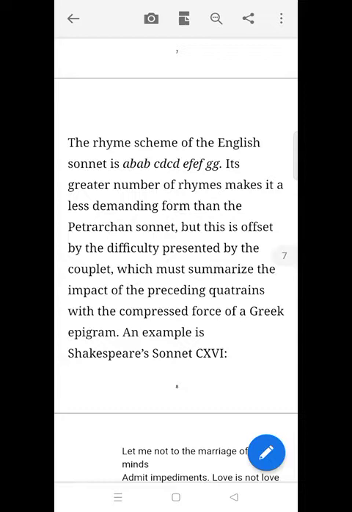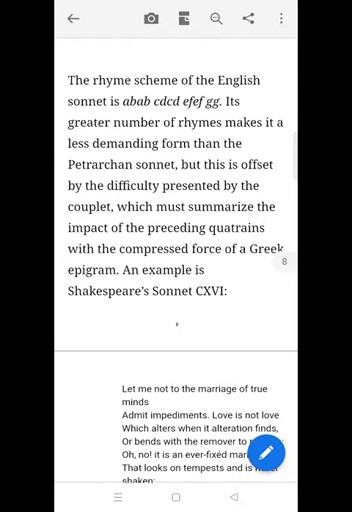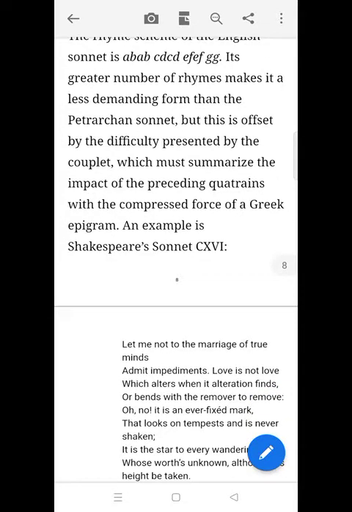This is the rhyme scheme pattern of the Shakespearean sonnet. Its greater number of rhymes makes it a less demanding form than the Petrarchan sonnet, but this is offset by the difficulty presented by the couplet, which must summarize the impact of the preceding quatrains with the compressed force of a Greek epigram.